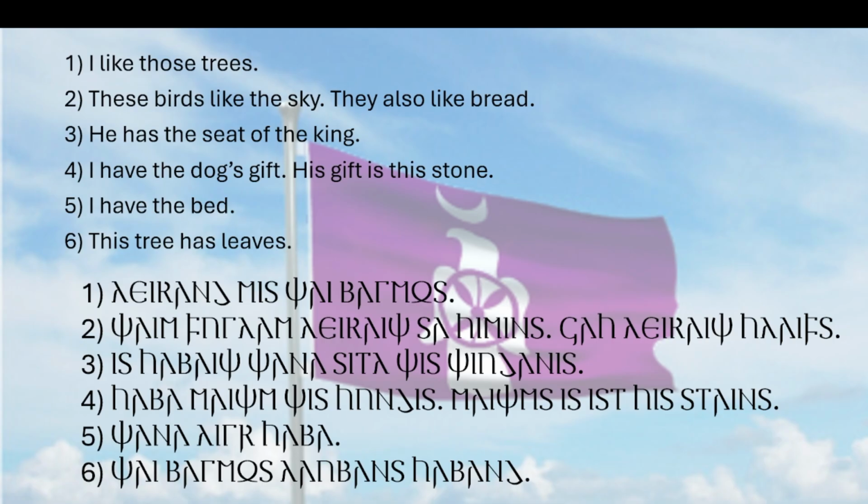So sana sitl is in the accusative because it comes after havan. So it's the thing which is being had. And it is of the king, so we're going to take the genitive for the king. So sis thiudanis.